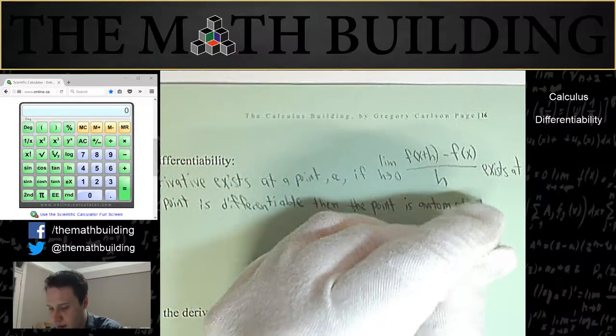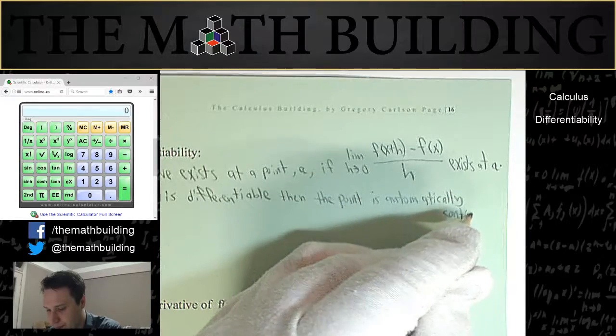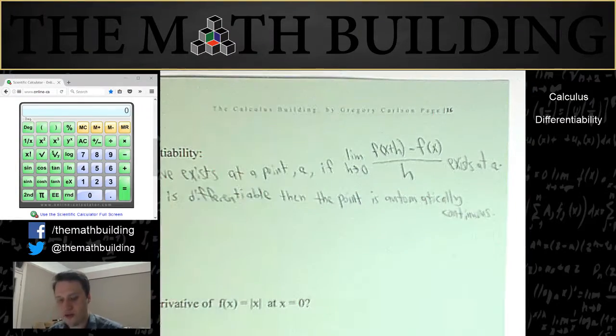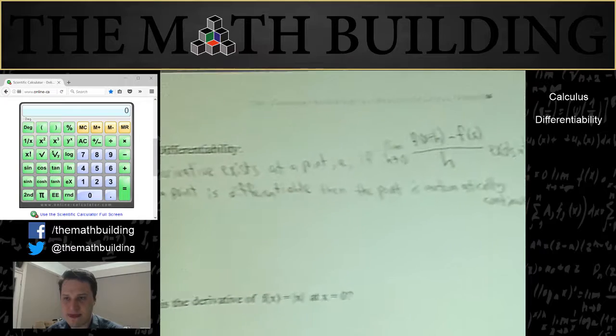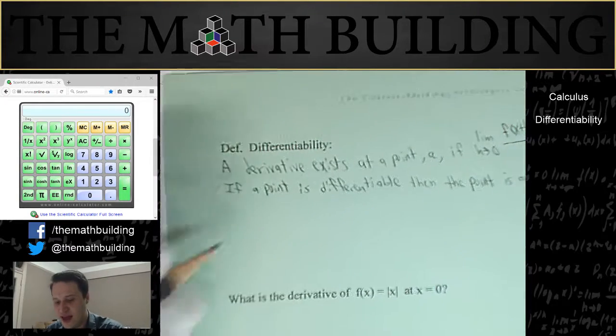Do you remember when we talked about points being continuous? So if a point is differentiable, then the point is automatically continuous. So that's a little nice thing.